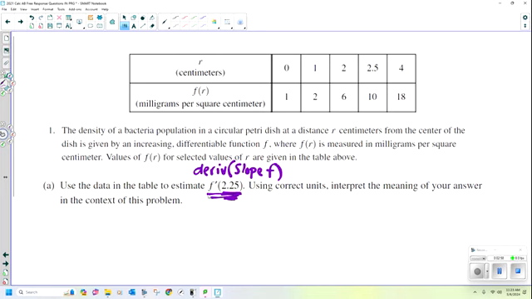When I look at my table, I see something. 2.25 would be right here in between 2 and 2.5. Here's the key. You see where it says estimate? It wants an estimate. You cannot find the exact slope at a point because we don't have an equation to take the derivative of. So we're going to estimate it by taking the slope of the 2 closest points to 2.25. And that would be 2 and 2.5.